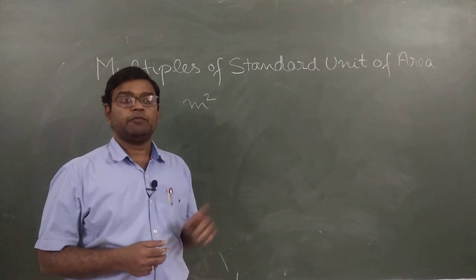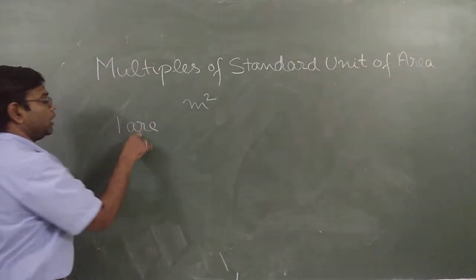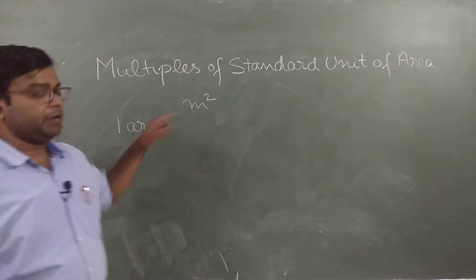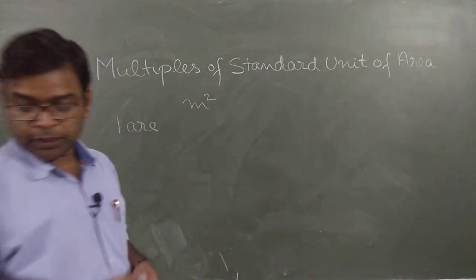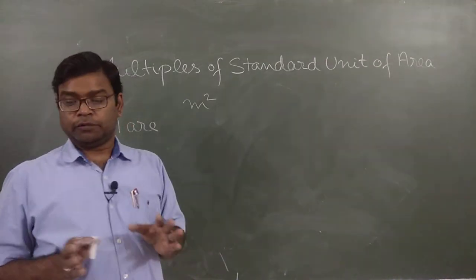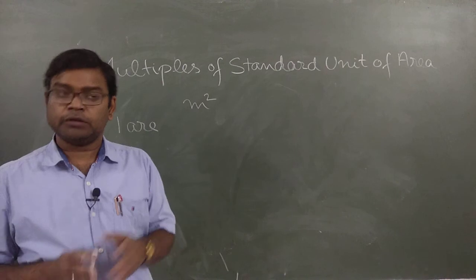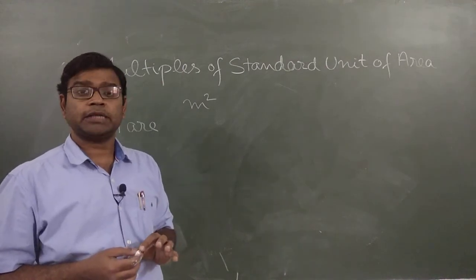What are they? First one is R. 1 R is the multiple unit of meter square, and this 1 R is the surface area of a square having side 10 meter.